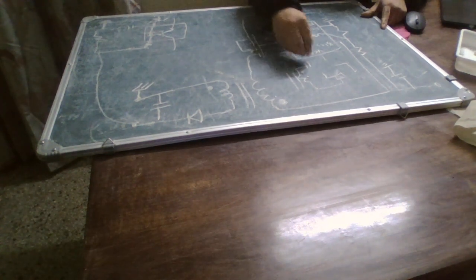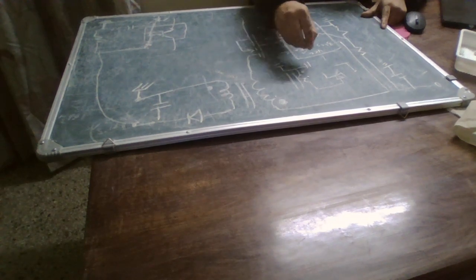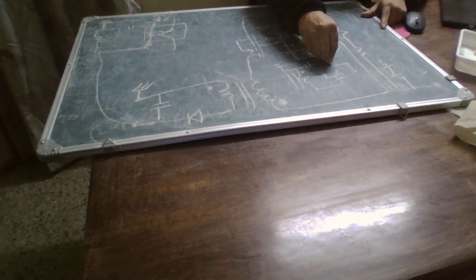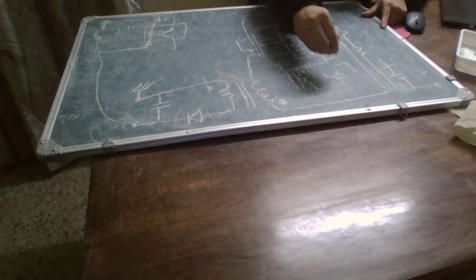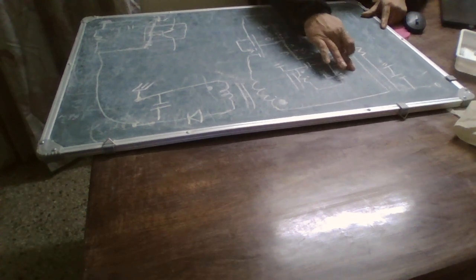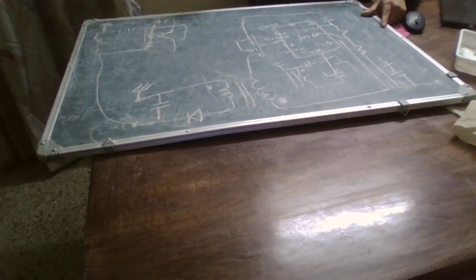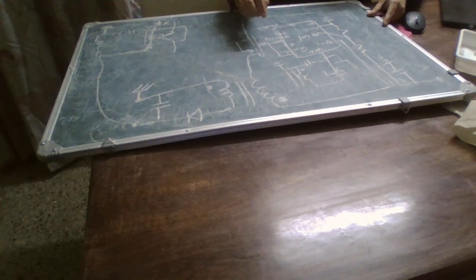We have a capacitor here, grounded again, and we connect it this way. The gate pin would be driven to this MOSFET. The CS pin would be connected to the source pin.